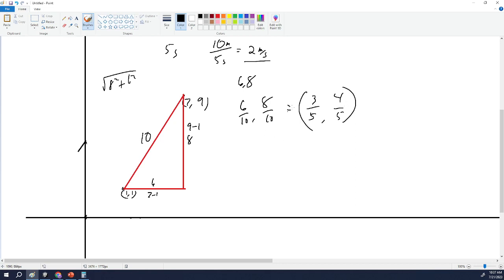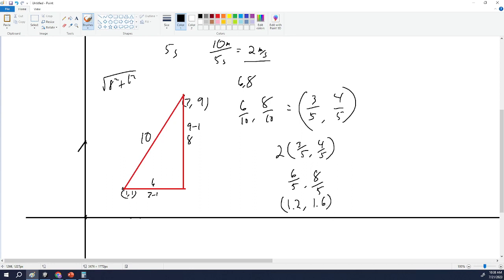So what velocity does he need? We just multiply our speed to our normal vector. His velocity must be 6 over 5, 8 over 5. Or 1.2 and 1.6.